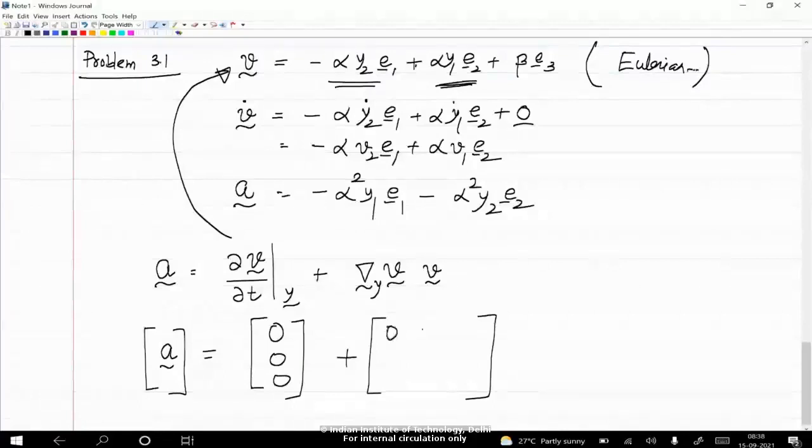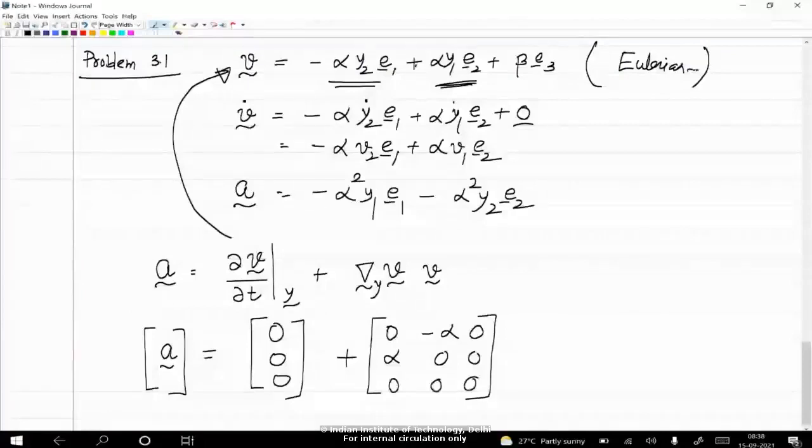So you have 0, minus alpha, and 0. Then del v2 by all the coordinates, and that is here alpha and 0, 0. And finally the del v3 by all the coordinates, but v3 is constant, so it is 0.